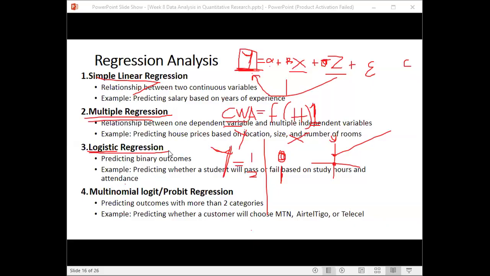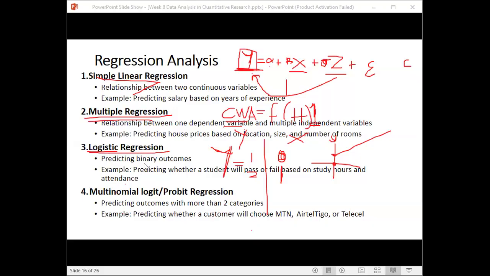So knowing your dependent variable and how you have measured it can get you to know what kind of analysis you can do. We don't just do any analysis at all. You just have to know the kind of variables you have and how you need to measure it, and then the kind of regression that you can use.